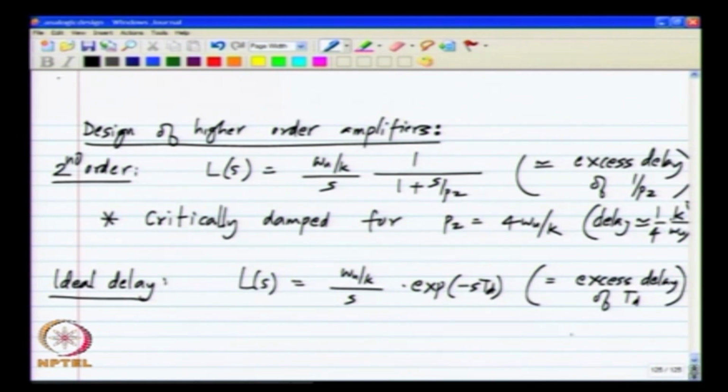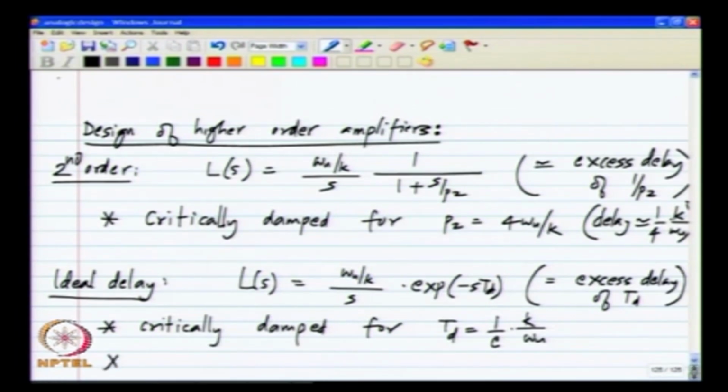In this case, we know that the system is critically damped for Td being 1 by e times k by omega u, and if the value of Td exceeds this, we get a certain amount of overshoot. But we had earlier discussed that for Td less than, let us say, half of k by omega u, the amount of overshoot is limited and it may be tolerable.